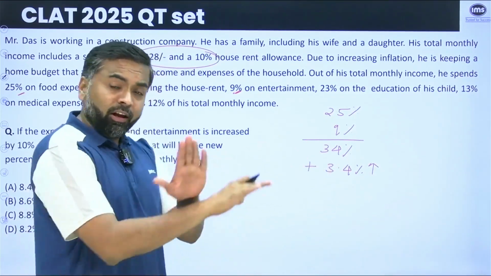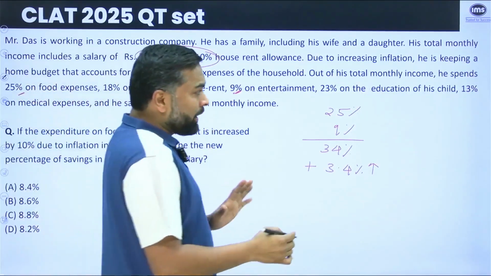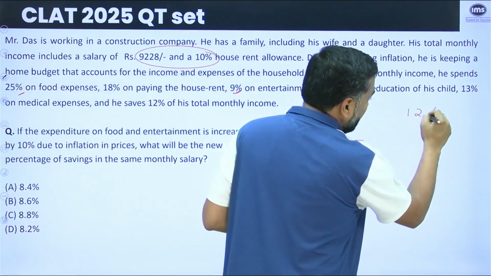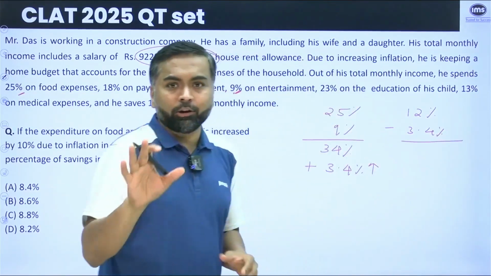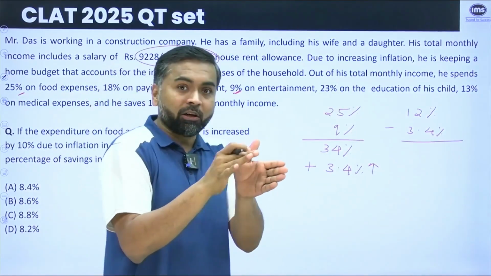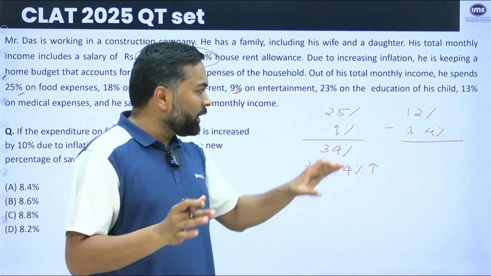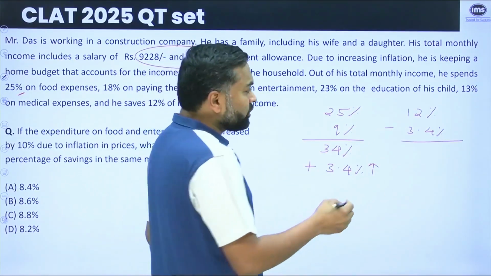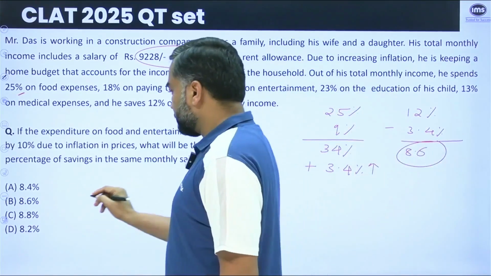Which means if every other component remains the same, the monthly saving, numerically from 12%, should go down by 3.4%. I am saying numerically. See, you cannot say 12% minus 3.4%, you cannot subtract percentages. But numerically 12 minus 3.4, yes, which will be how much? 8.6, and that's my answer.